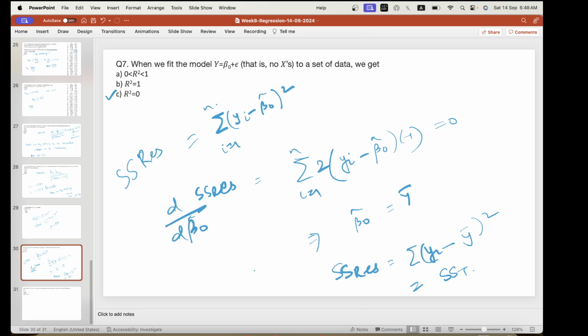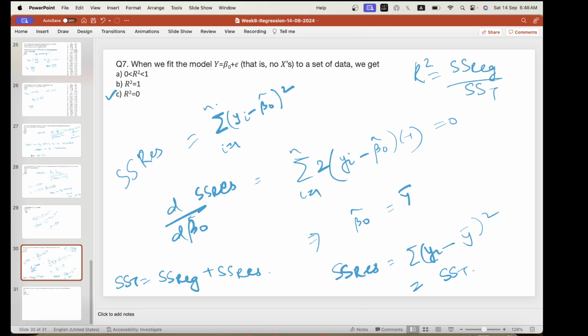Therefore, if we think of the decomposition SST equal to SS due to regression plus SS due to residuals, R square is SS due to regression by SST.